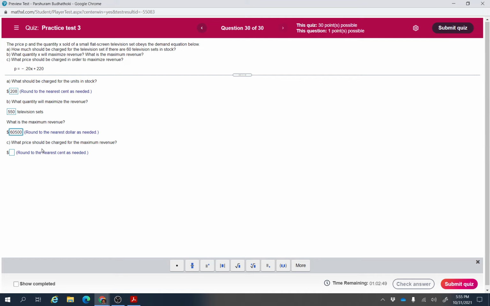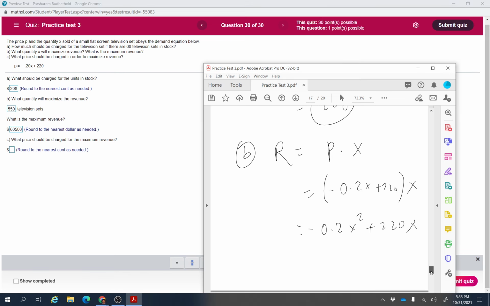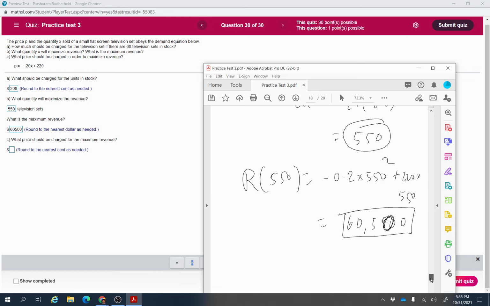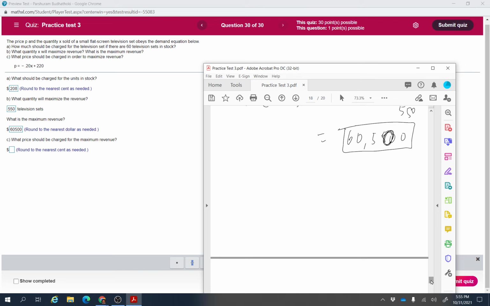And then, what price should be charged for the maximum revenue? Since we know we get the maximum revenue by selling 550 items, for the price we use the price and demand equation, negative 0.2 times x plus 220.